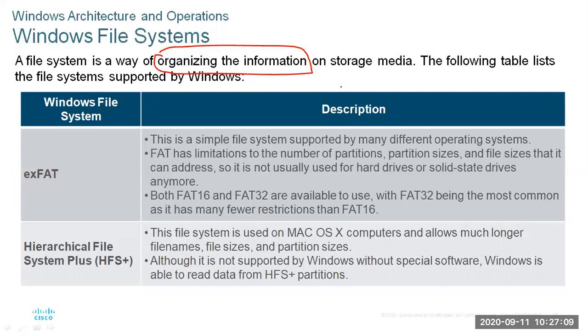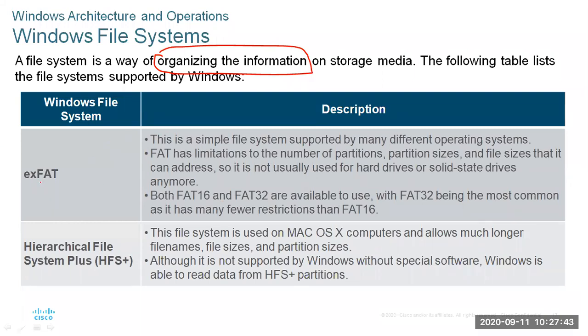You have a way of organizing stuff. And it's the same with the Windows file system. It's like the shelf. On a storage media, it creates ways in which you can store your files. It's like creating different shelves that you need for storing your stuff.